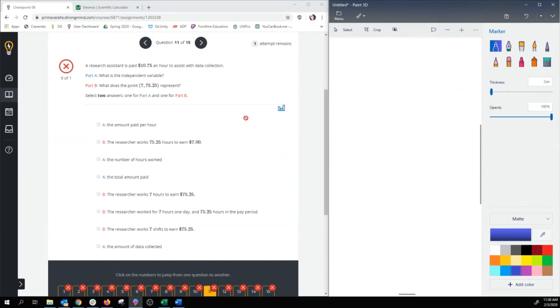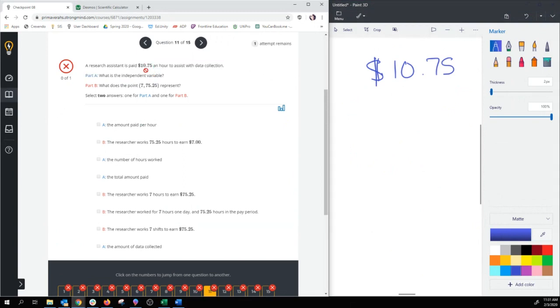Okay. So it looks like this is how much she's paid hourly. So $10.75 is how much she gets every hour. The amount of money that she makes depends on how long she works, right? The longer you work, the more money you're going to get. So the independent variable here is how much you make per hour, because this number will never change, and it doesn't matter however many hours you work, it's still going to be $10.75.